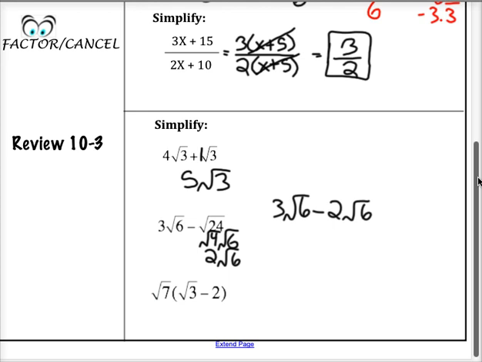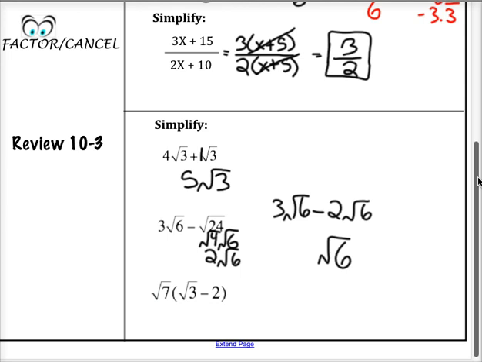Okay, once we reduce that second radical. Well, now we have the same thing in our radical. So we can actually subtract those. 3 minus 2 just gives us 1. So we'll just have 1 square root of 6. Or if you prefer, you can just say that is the square root of 6 as our answer.